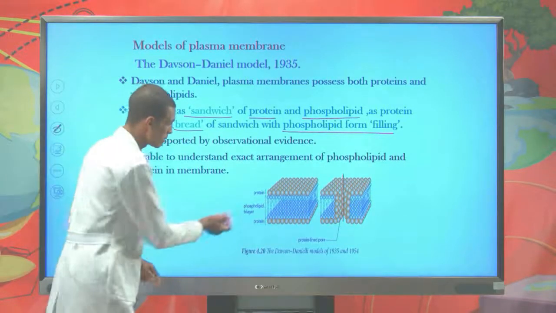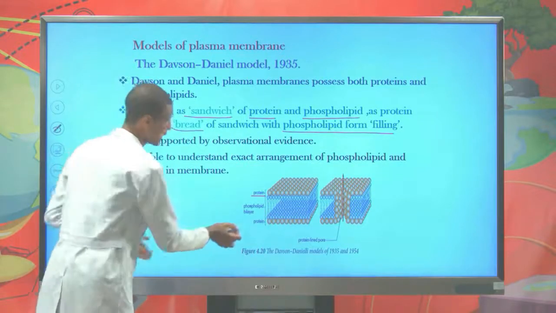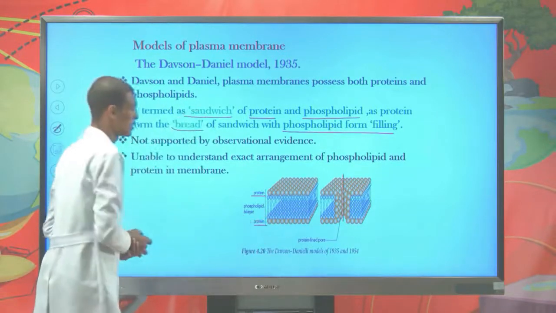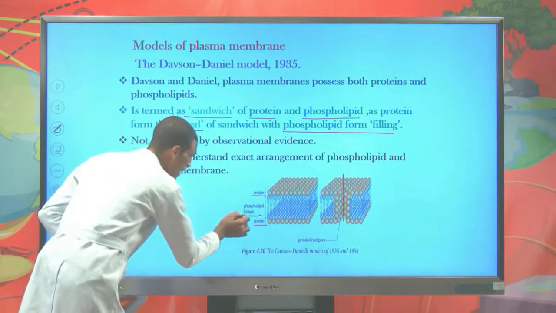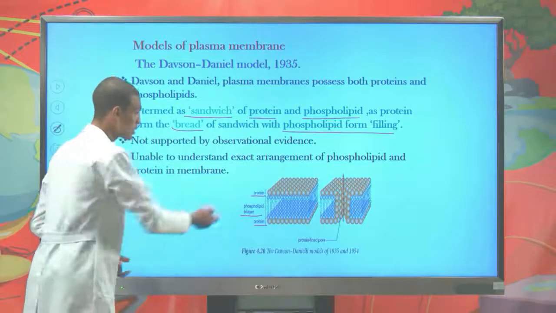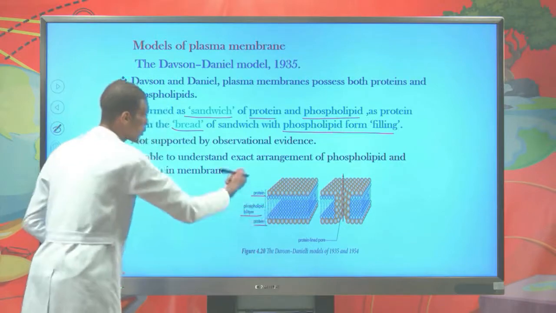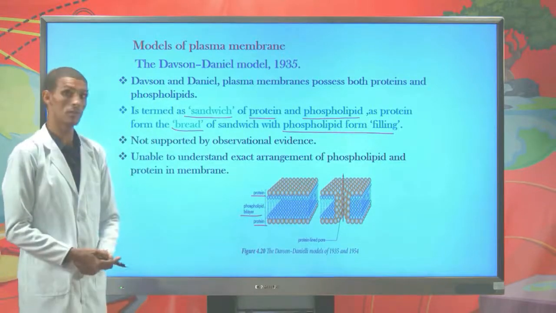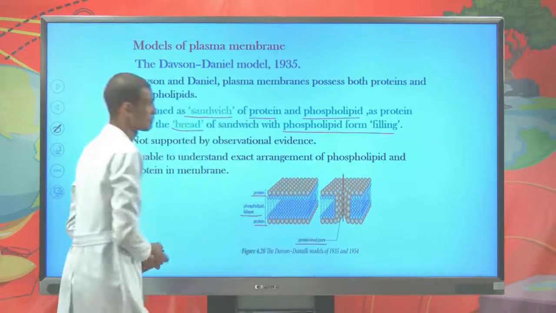They explain that protein makes the upper bread part of the sandwich, and protein also makes the lower part, while the phospholipid bilayer acts as the filling. There is no explanation why protein occupies the head and the tail and why phospholipid is found in the middle. But they suggest there is a protein-lined pore in them.